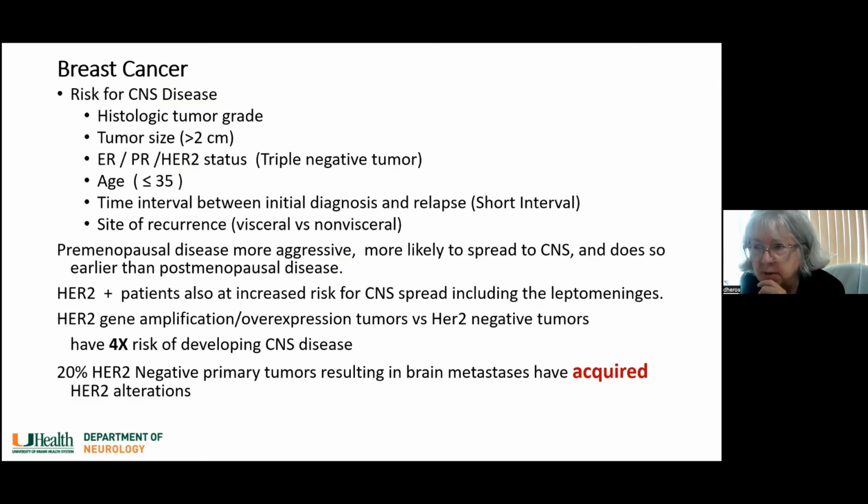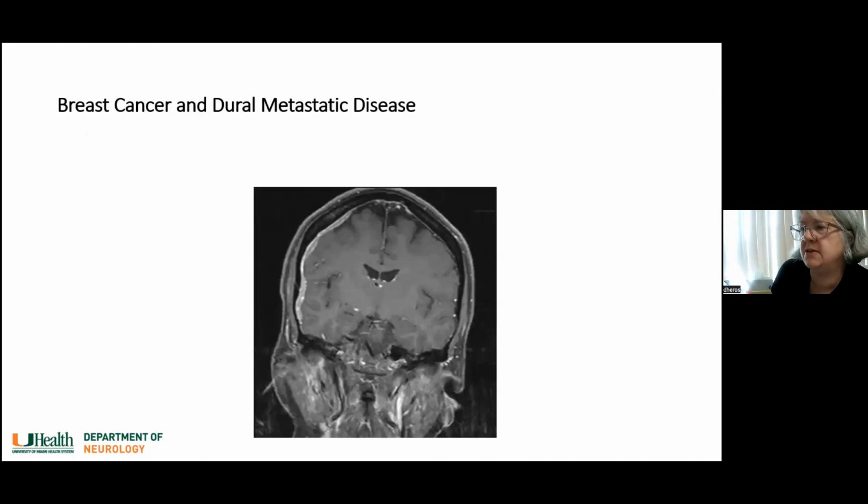And we'll talk a little bit about the genomic evolution of tumors. And I think we're starting to understand why some of the CNS disease of breast cancer patients was previously unresponsive to our treatment. And it probably has to do with these acquired mutations that the cancer patients develop.